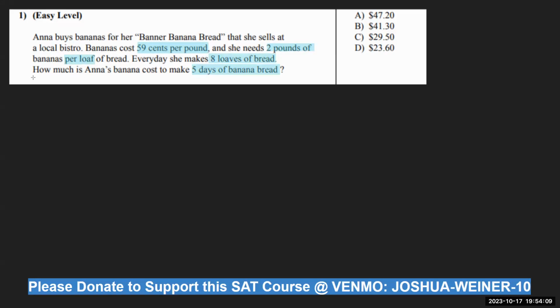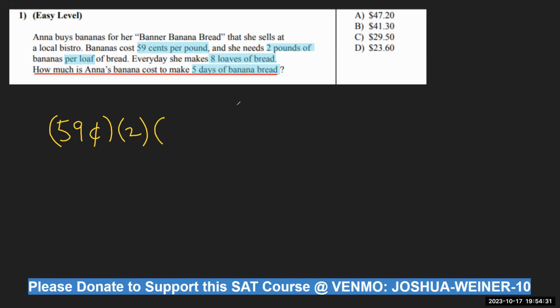So I'm going to underline the question the writer is asking based on this baker, Anna, who's working very hard in the kitchen. And here we go. So it's 59 cents per pound, but you have to multiply that by 2 pounds, and that would be 1 loaf.